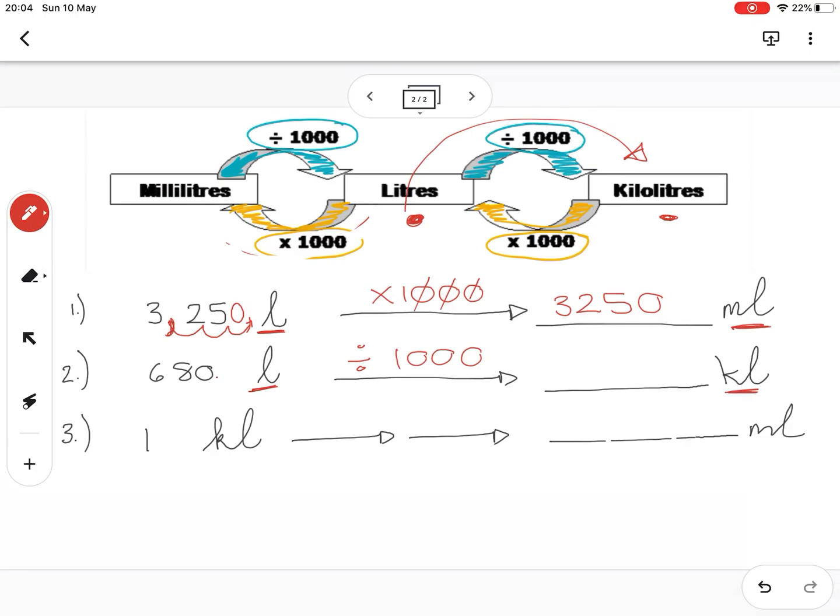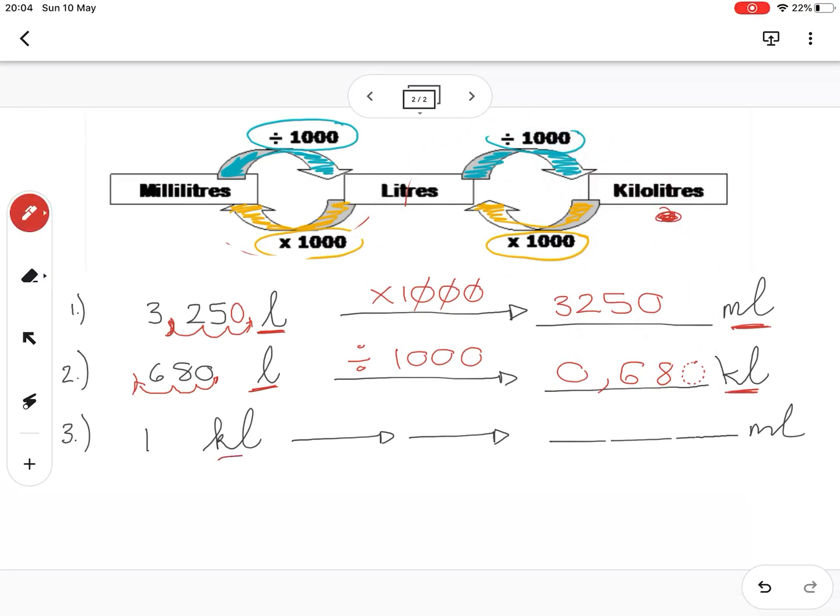Well, very easily, you just pretend, remember there's a comma at the end, we just don't write it, and we're going to move it 1, 2, 3 spaces to the left, and we're going to say 0,68. That 0 at the end now actually becomes unnecessary, so you can put it there, you don't have to. So it's 0,68 kiloliters.